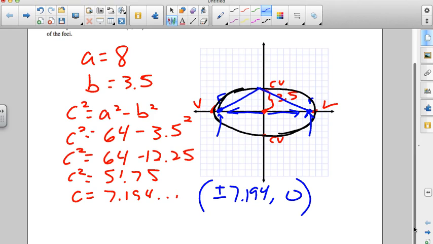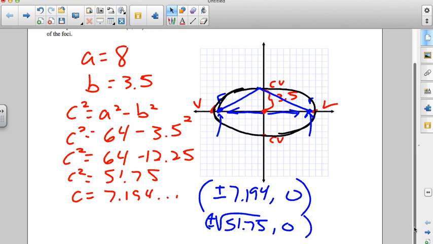Now, I believe the book left this perfect, which isn't a bad idea, and just said, let's put plus or minus the square root of 51.75, 0. And that's again because if they want this accurate, they're going to keep going and figure out exactly what distance they need. But you can, like I said, just explain this to somebody by saying, once you find the center, you need to go approximately 7.194 units in both directions. And on one end, you will put the person, and on the other end, you would put the lithotripter.